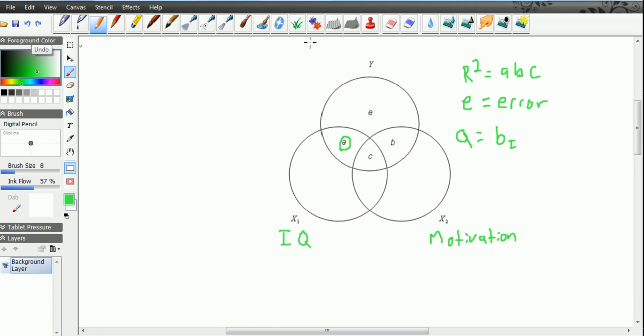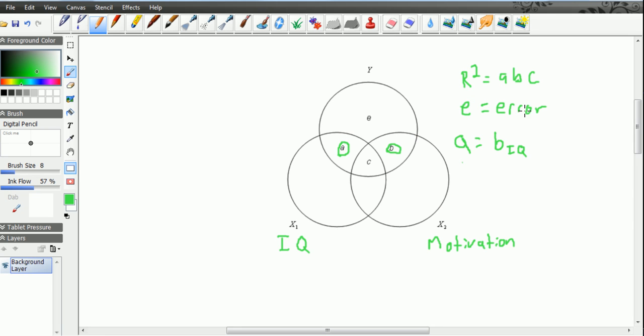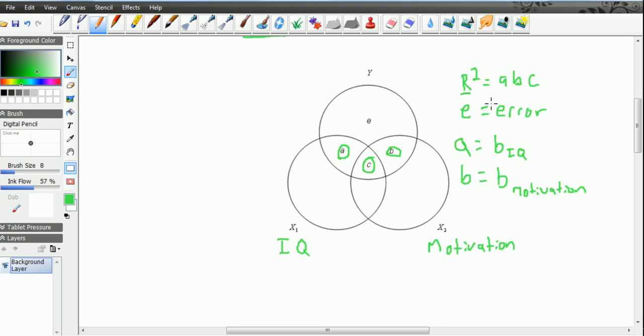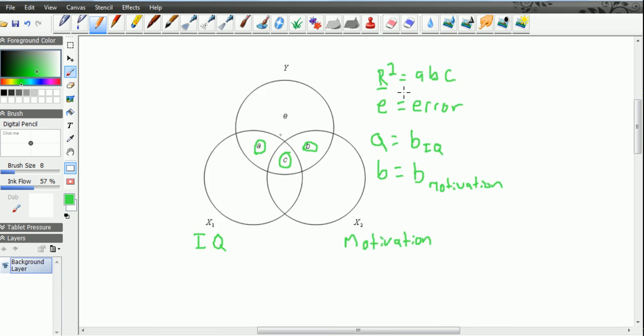And then B, right here, we could think of as being our regression coefficient for motivation. So C doesn't get to count in either regression coefficient, but it does get to count in the R squared, but only once, right? It's kind of like a visual depiction of a multiple regression analysis with two predictors.